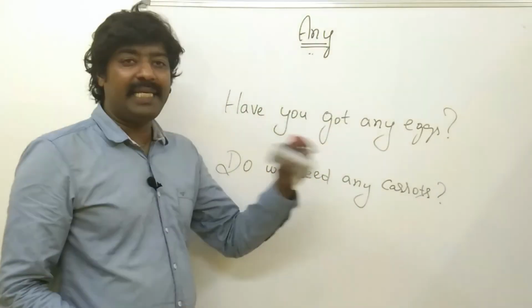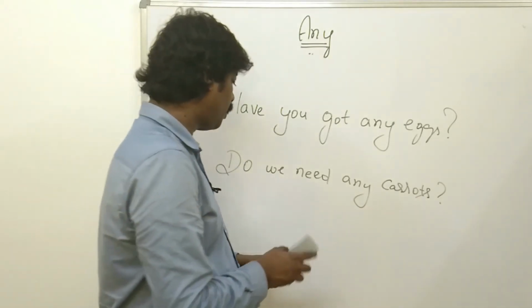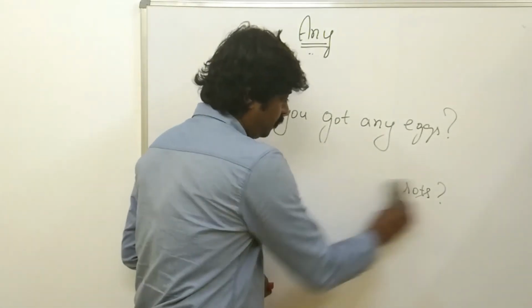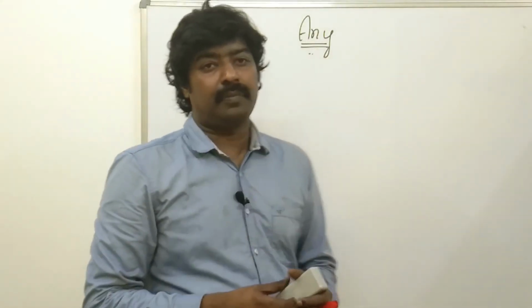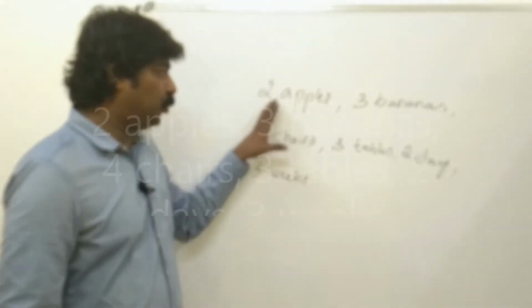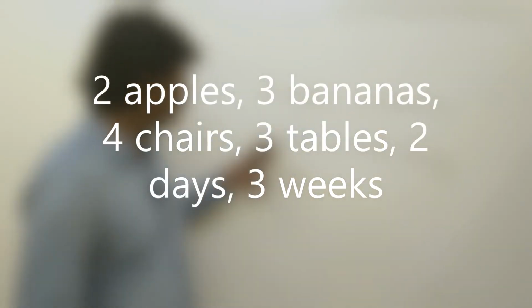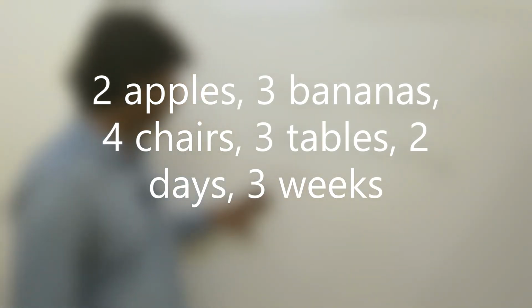Do we need any carrots? And if you're being specific, or if you're sure about the exact quantity of the items you're talking about, we can say 2 apples, 3 bananas, 4 chairs, 3 tables, 2 days, 3 weeks, for example.